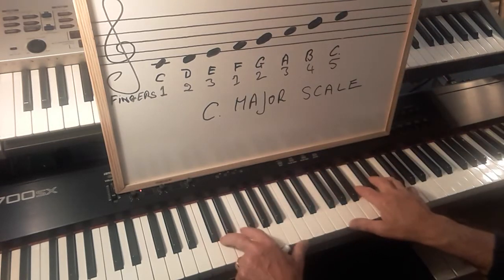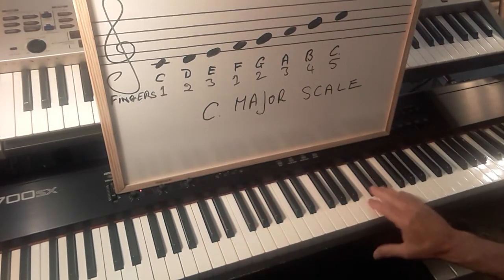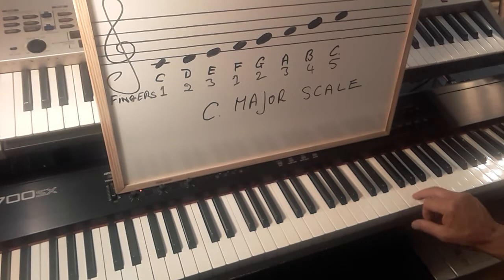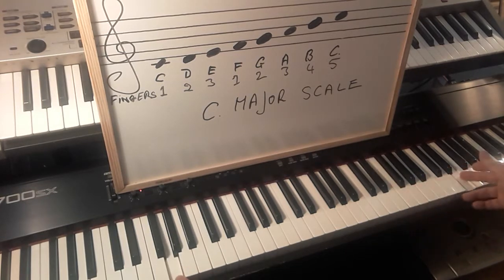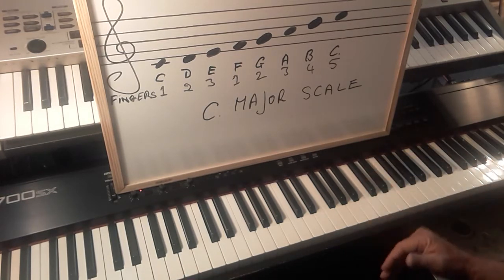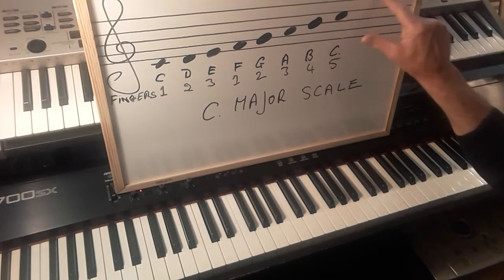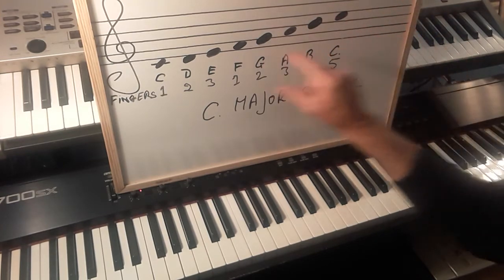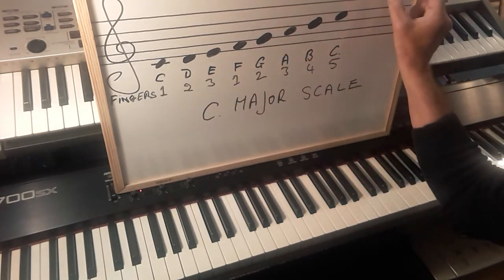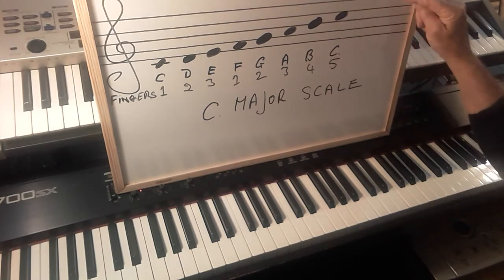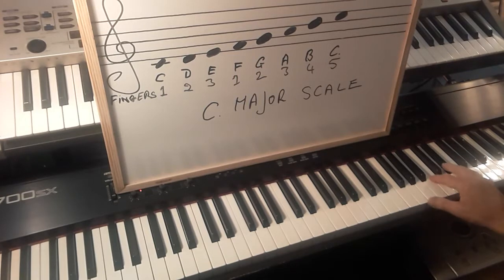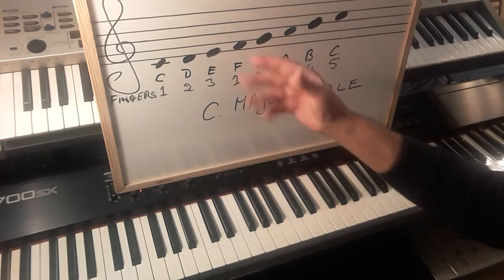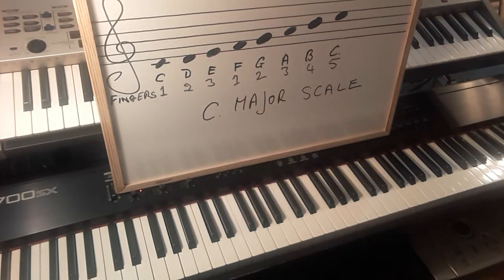Anything else outside of these parameters going up or below will be written with ledger lines to represent a continuous line going all the way across. But it's a short little line, and you work your way up from line space, line space, line space until you get to that particular note, and vice versa in the left hand.